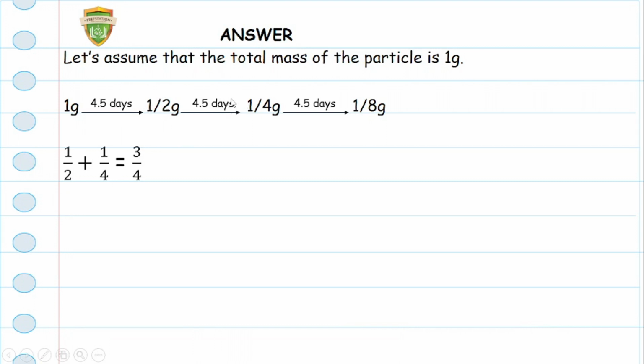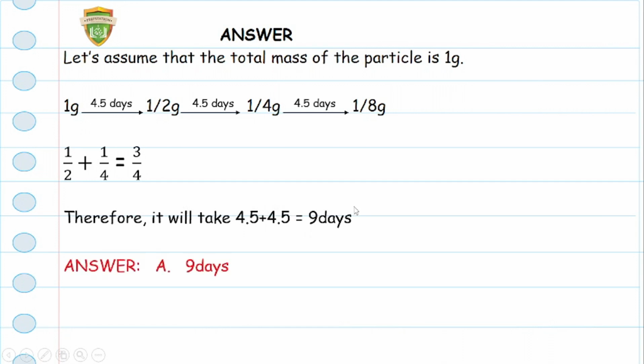You add another 1/4, that brings you to 3 over 4. So that's already 3/4 of the particle gone. That means it will take 4.5 plus 4.5, which is 9 days, for the particle to have gone through 3/4 of its quantity. And that means our answer is E, 9 days.